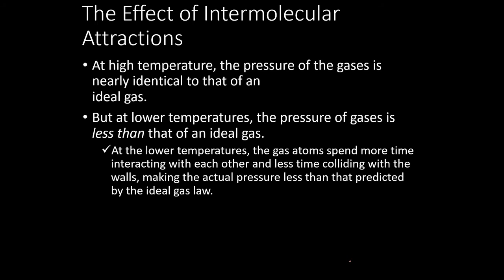Those will try to hold the gases together, but they really only come into play at really low temperatures, when things are not moving very fast, so they don't have very much energy, and they stick together a little bit longer than they otherwise should.